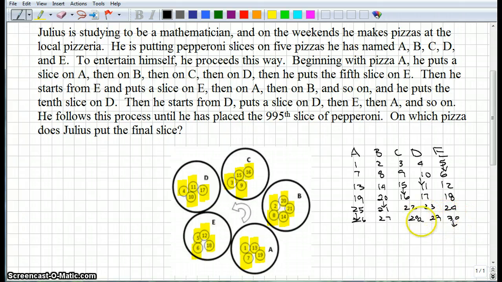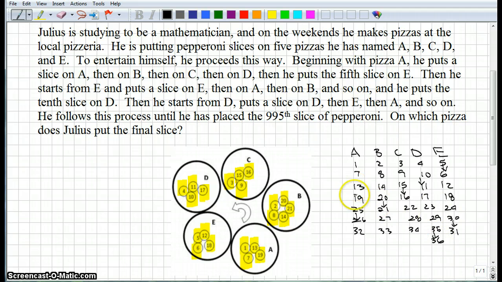Okay, now he's back around here. I guess he put the first slice on A in this last round. Then he goes 31, 32, 33, 34, 35. Okay, and then the stutter.